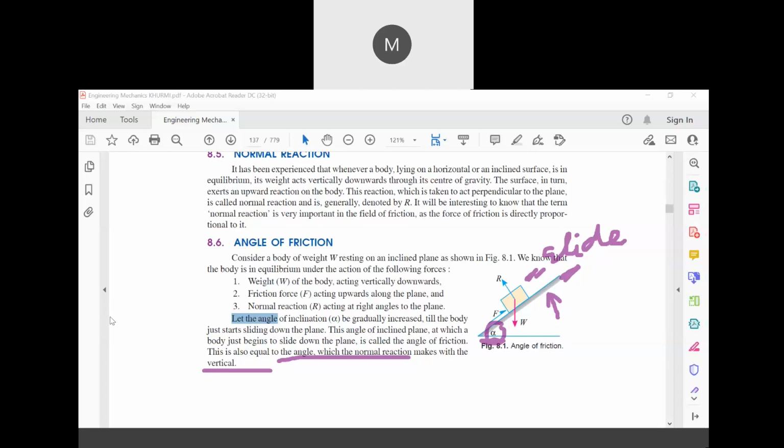If you put the resultant downwards from this point, an angle will be made, and that angle is equal to this alpha only. That means this alpha and this angle are the same. Is it clear?